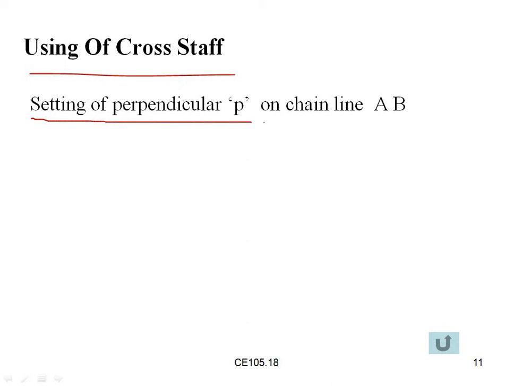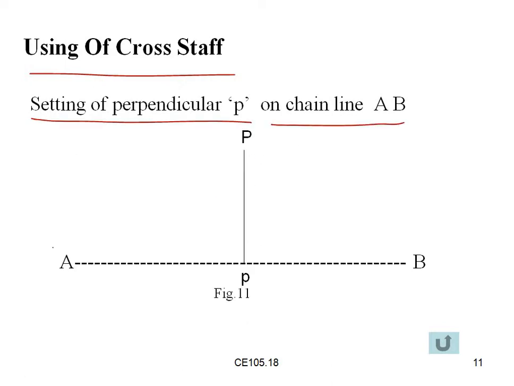Setting out a perpendicular at P on chain line AB. Here you can see the points A and B. P is the point on AB, and then we extend the line from P. How are we extending this line?